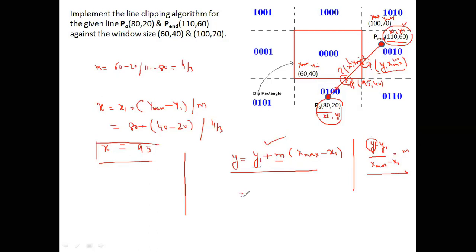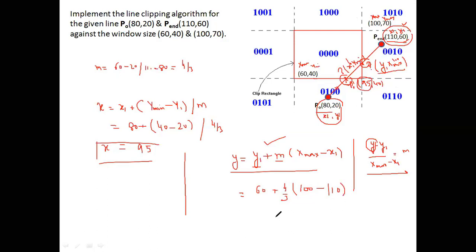So what is the value of y1 here? That is 60. y1 is 60, and m is 4 by 3, and x max is 100, minus x1 is 110. So you have made a mistake here, actually you have taken 95 at this point, most of you.